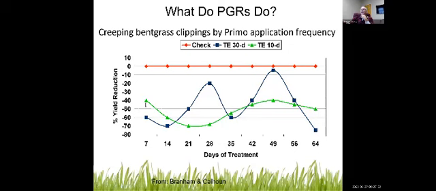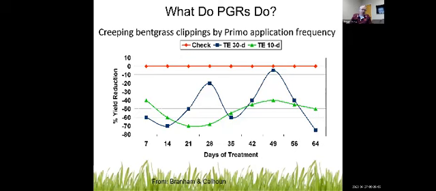And again, it's not really that long-term suppression that you might need right now dealing with lack of labor, etc. What we're trying to do is get a smoother suppression pattern, and typically people who are on a PGR program in ornamental turfgrass are mowing at the same frequency they did prior to starting the PGR program. It's just that the mowing is easier, there's less clippings, and the turf looks better.